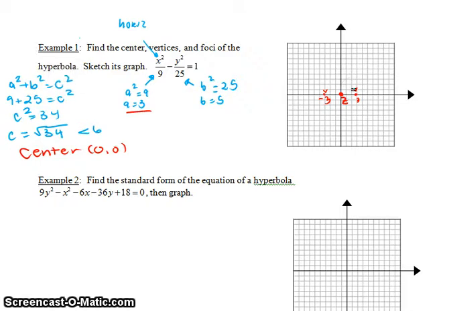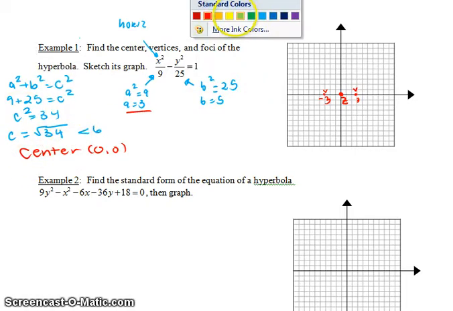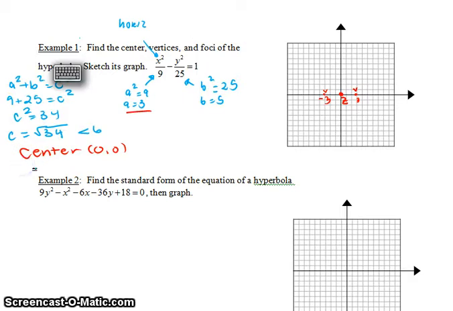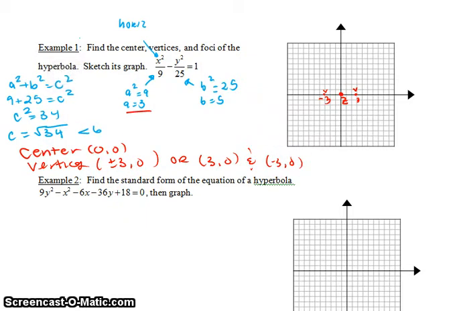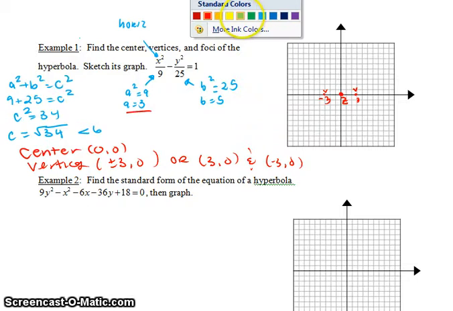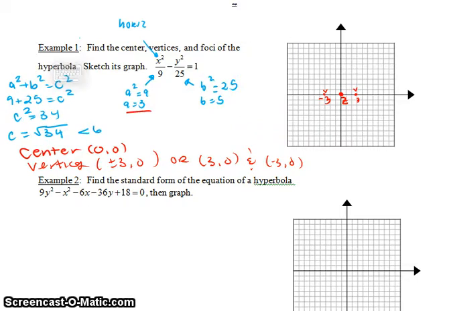I can go to my foci. So my vertices are at plus or minus 3 comma 0. You can write it like 3 comma 0 and minus 3 comma 0, the two equations, or you can just write plus or minus 3 comma 0. We can find the foci. Remember the foci are c units away, and c is square root 34.